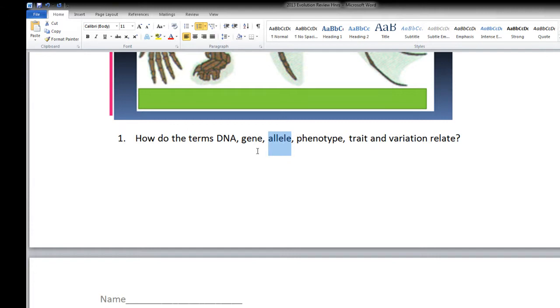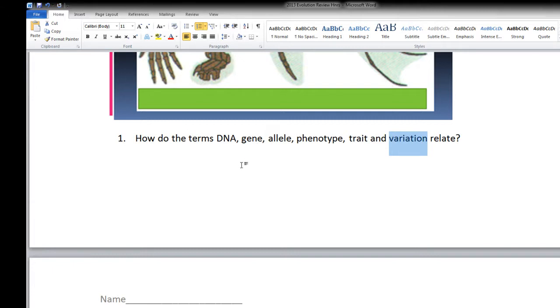So you can get a specific section of DNA which gives you a specific variation of a trait. So your section of DNA, your gene, is responsible for a trait, which is your phenotype, a physical trait. But the specific gene you get, blonde hair versus brown versus red, the specific gene is called an allele, and that gives you your specific trait variation, right?